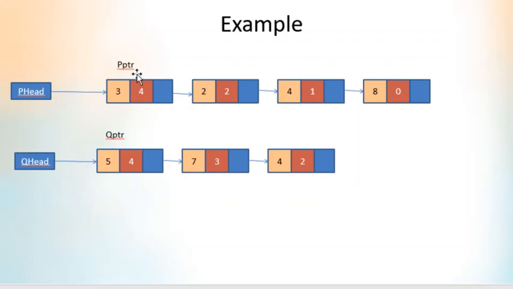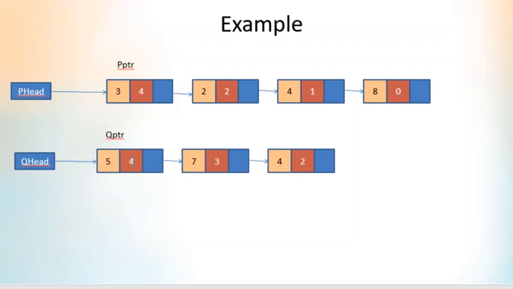So first compare the exponents of the nodes pointed to by p pointer and q pointer. The exponent part is the middle one, the red colored. So p pointer exponent and q pointer exponent, we can see both are equal.